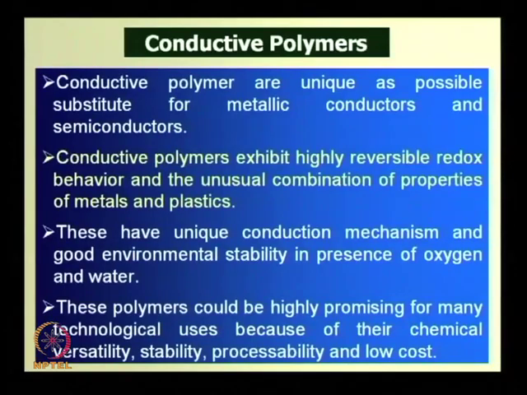Here, you see, conducting polymers are unique as possible substitute for metallic conductors and semiconductors. Conducting polymers exhibit highly reversible redox behavior and the unusual combination of properties of metals and plastics. This redox behavior is very important, because the mechanism of conductivity is dependent on it, the way how it becomes conducting.